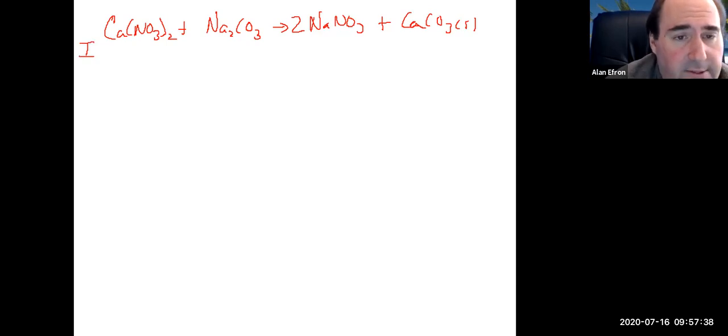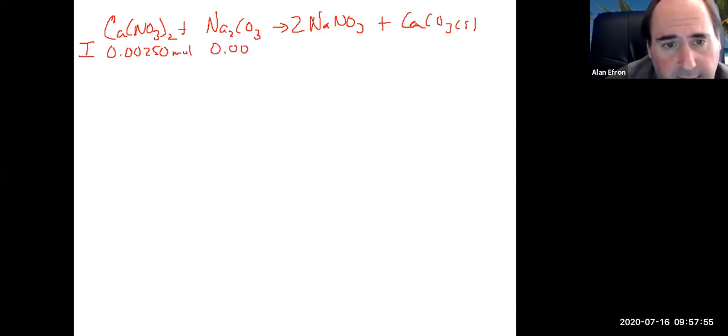So remember, initially here, we'll take the moles of our calcium nitrate, which is 0.0025. Take our moles of our sodium carbonate, which was 0.003 moles. This is going to be 0. This is going to be 0.